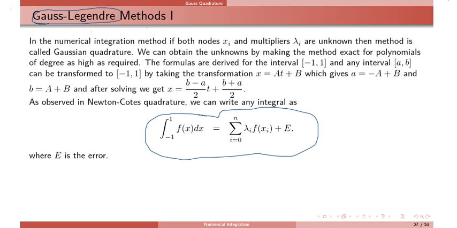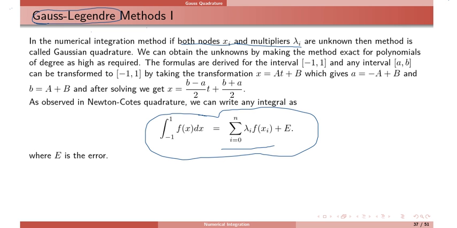In Gauss-Legendre formulas, we write the integral in some form as usual, and the function value at the nodal points xi is calculated, but we don't know in advance what the xi are. So in this numerical technique, both nodes and multipliers are unknown.